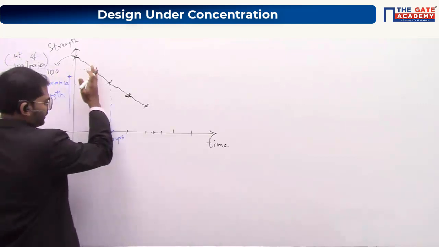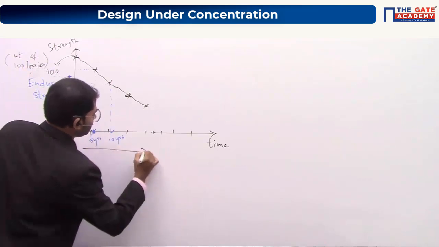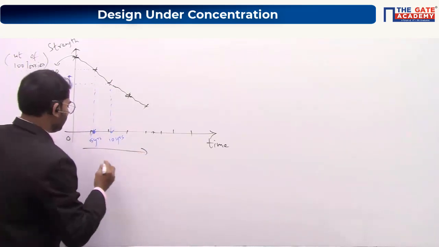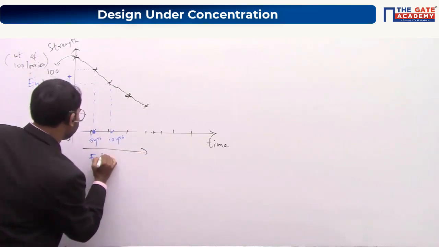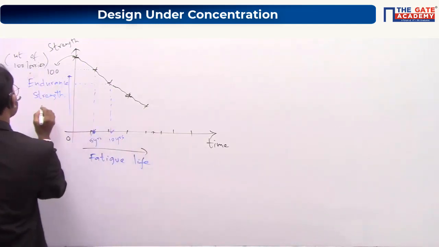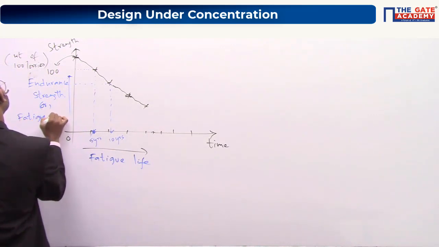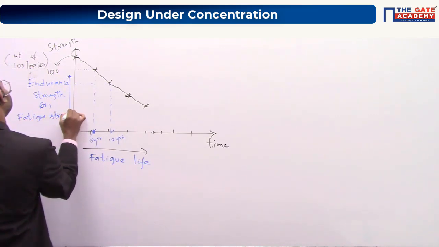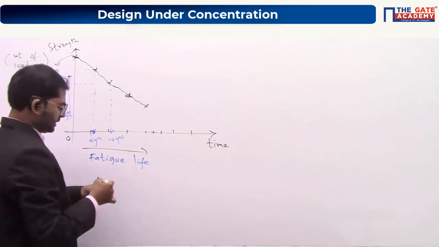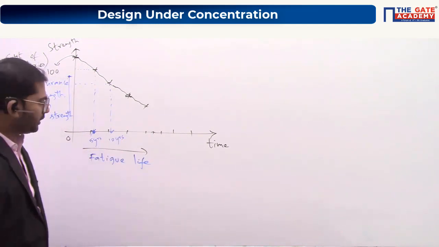And the time up to which it can withstand this particular stress, on this axis, we call fatigue life. This is also called endurance strength or fatigue strength. This axis we call fatigue life.